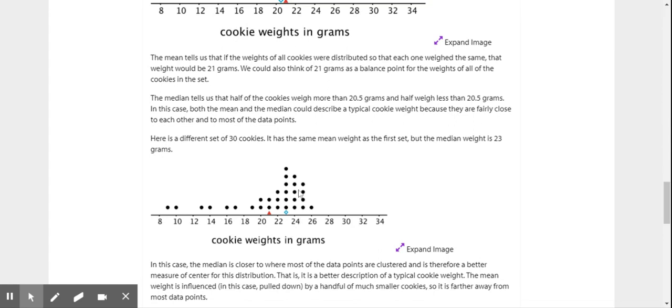But when you have something that's not symmetrical, or they call it asymmetrical, you have to make a choice between which one describes it better. Now, if we look here, I would say that the median describes this better because it's closer to where the cluster of the cookies are compared with this one. So you just always want to pick the one that's closest to the most amount of the data points.